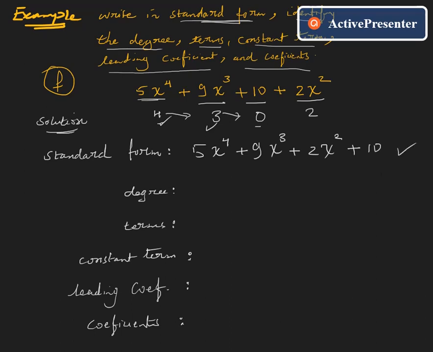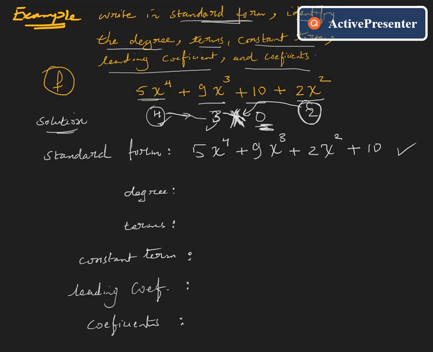This is in the standard form. Here we started with the highest degree going down to the lowest 3, and we didn't go down to the second lowest. The second lowest is 2. It should be here, okay, before the 0.